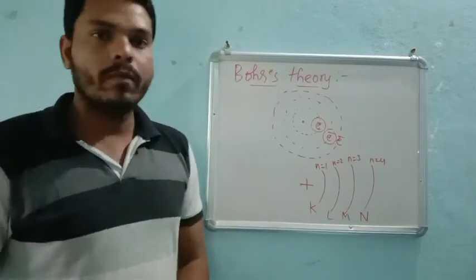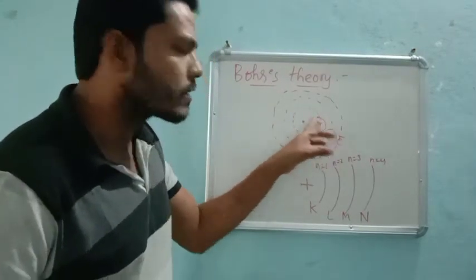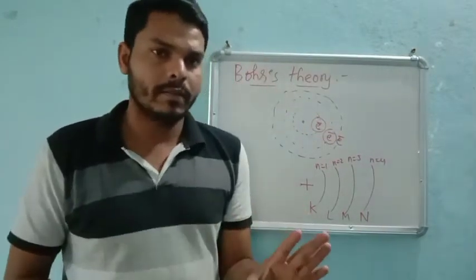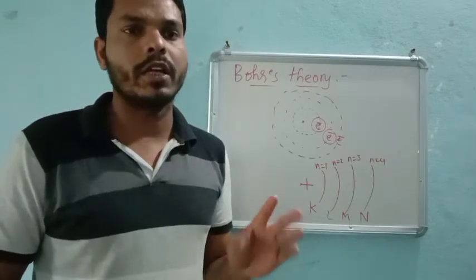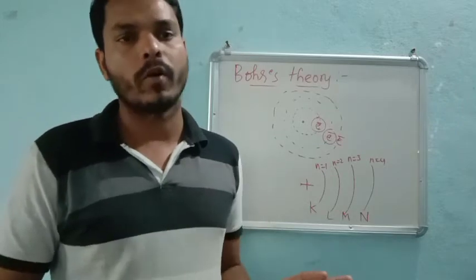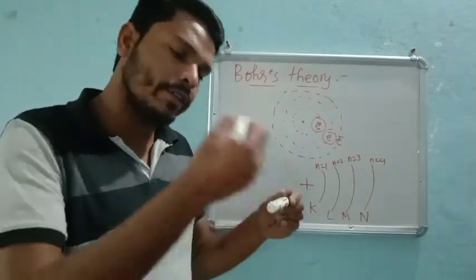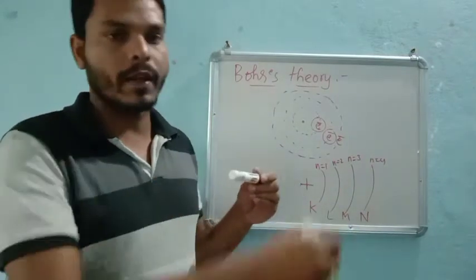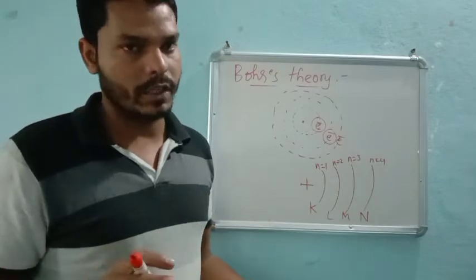Now the next point is, if the electron is revolving in its particular path, then the electron neither gains energy nor loses energy. Very important. Whenever the electron is revolving in its path only, in the circle only, it neither gains nor loses energy, right?